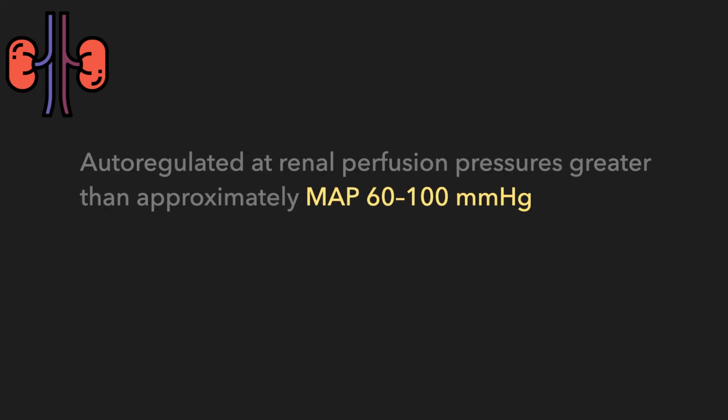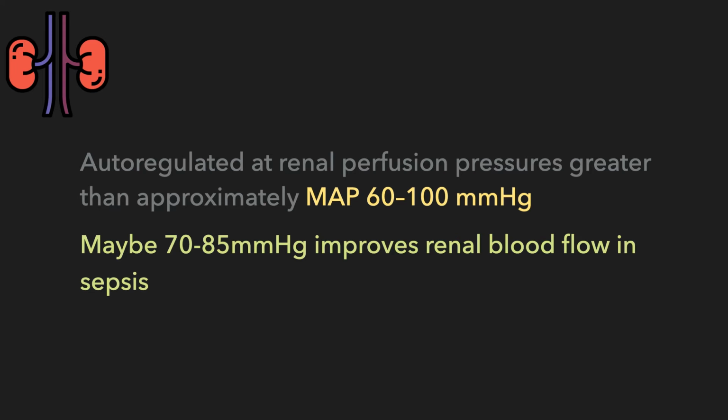Okay, let's talk about the kidney. The autoregulation range for renal perfusion pressure is usually between 60 and 100. There is a lot of interest in whether using a higher MAP goal can increase the renal perfusion pressure and increase renal blood flow.